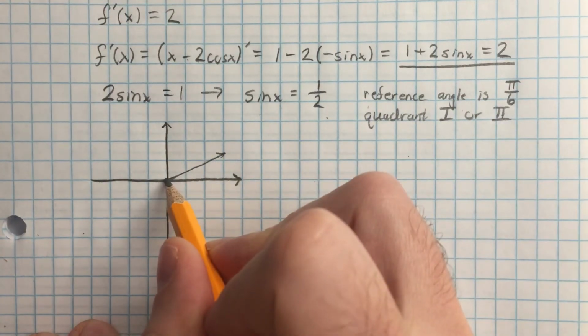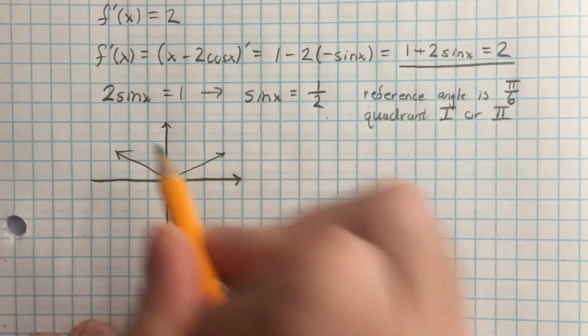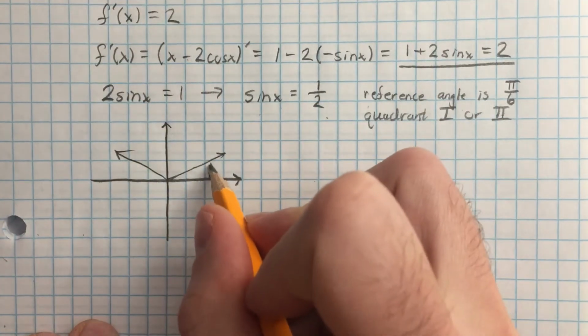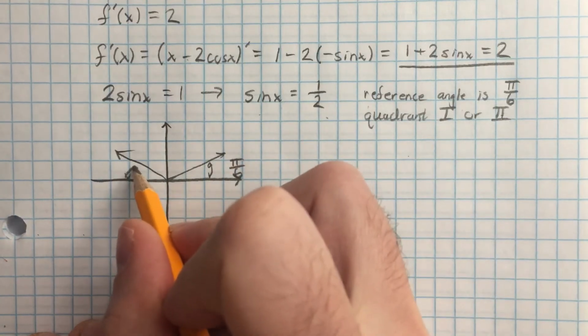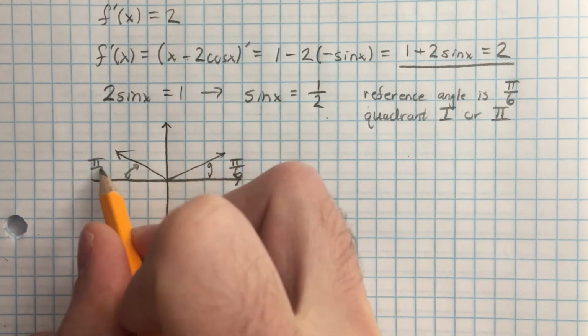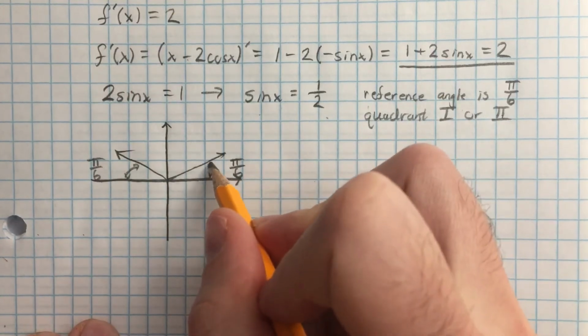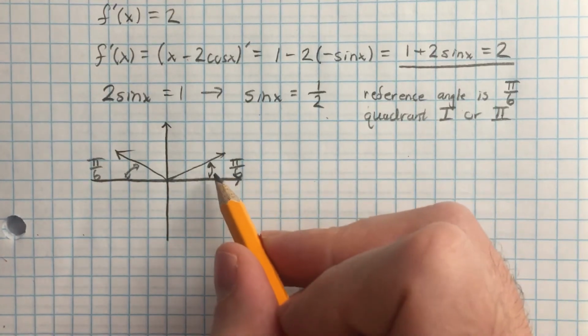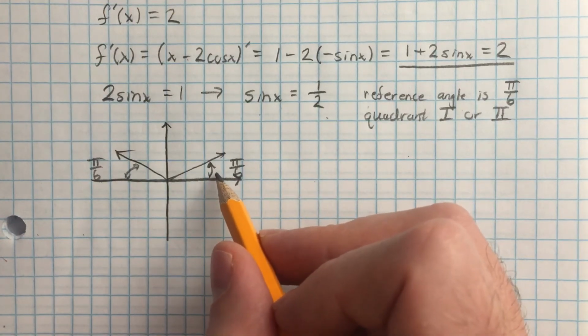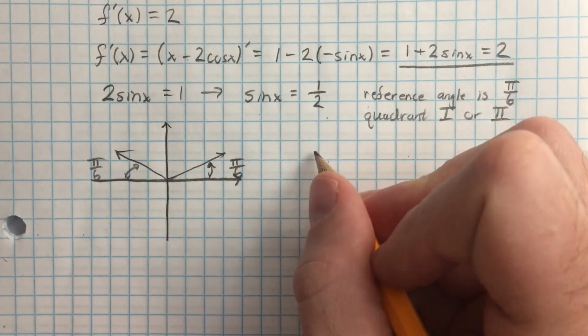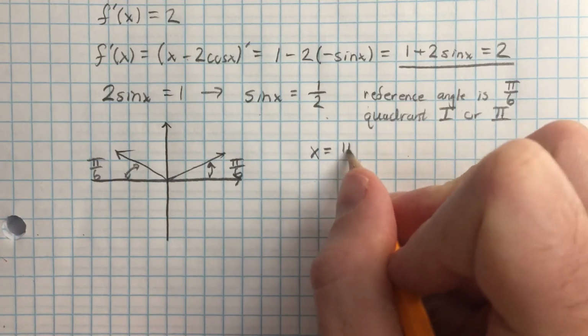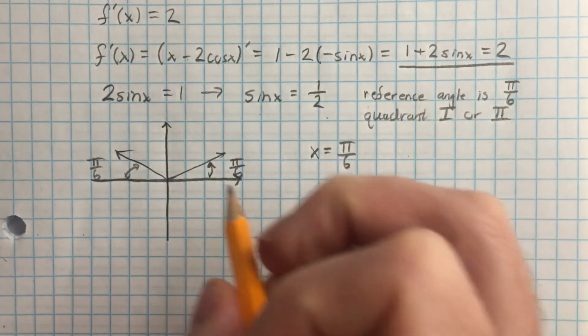There, and there. So this is a reference angle of pi on 6, and this is a reference angle of pi on 6. Okay. This reference angle here in the first quadrant is the same as the actual angle. So we have that x would be pi on 6 itself.